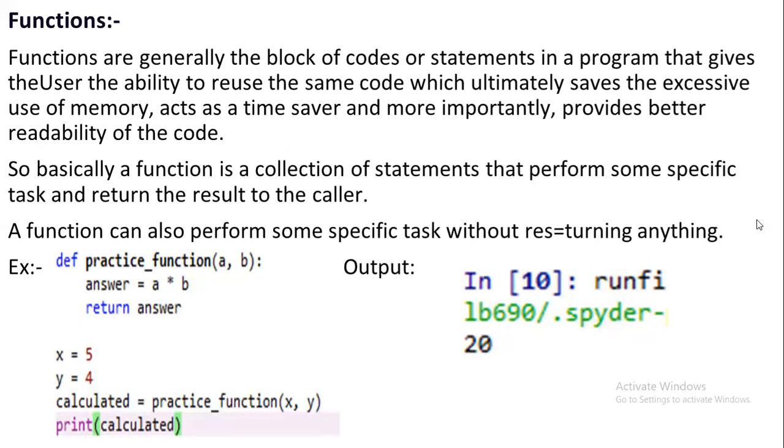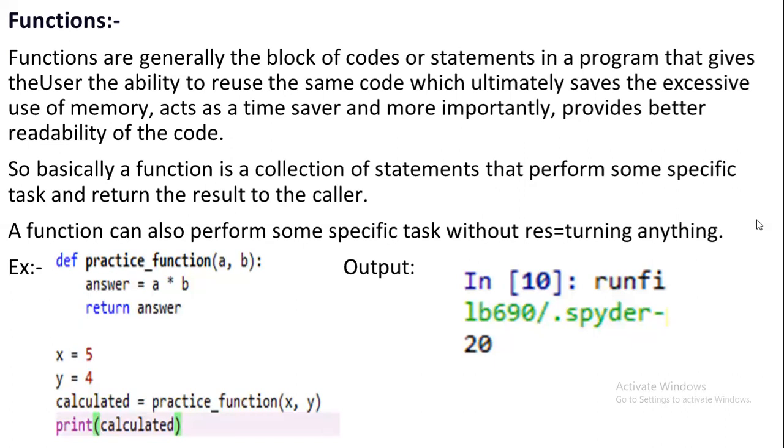So here it is different. That's why we need to practice a few programs. def practice_function. This is the name of the function. The main thing that makes it a function is def, and the second thing is that it has parentheses, small parentheses.